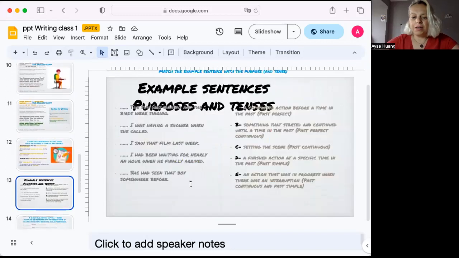Okay, let's see another one. Check your writing, matching tenses. Match the example tenses with the purpose and tense. The sun was shining and the birds were singing.